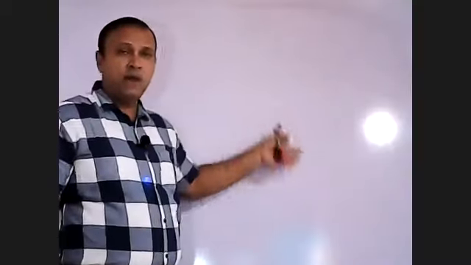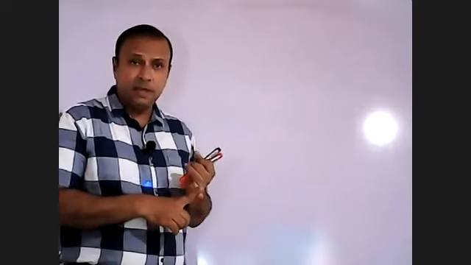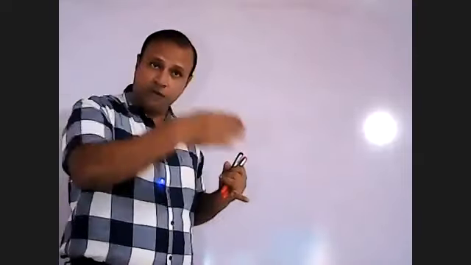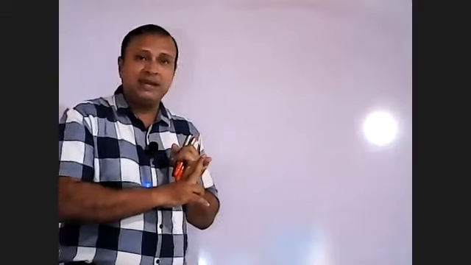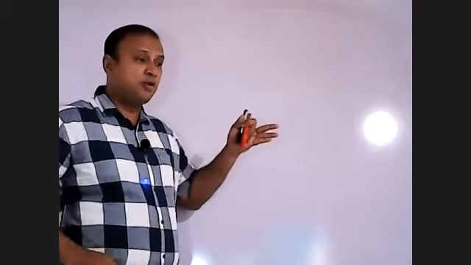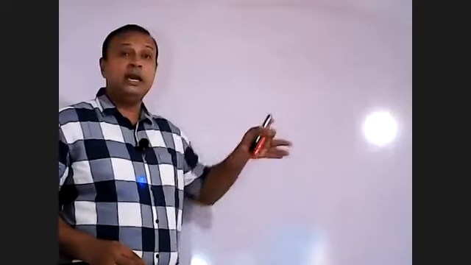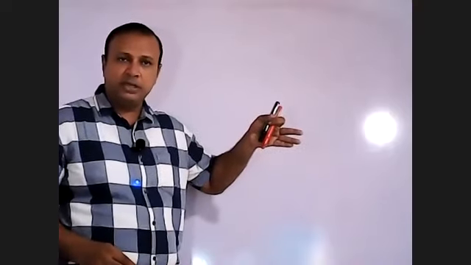Shall we recall our previous knowledge? So far, we have discussed what is a vector, the definition of a vector, then the differences between vector and scalar quantities. Then we discussed some terms in vectors, especially the modulus of a vector. What is the modulus of a vector? That is the magnitude. Then we discussed some special vectors.